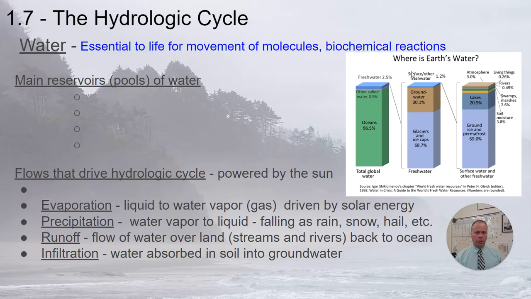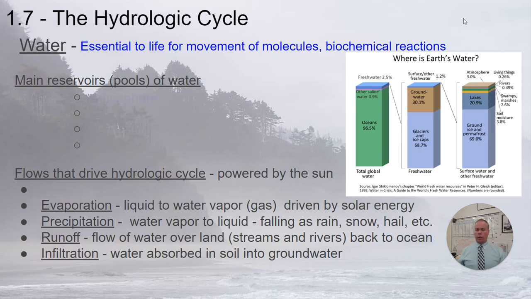If we then take that surface water, that 1% of fresh water, and look at the breakdown of that, most of it is in the ground, frozen in what we call permafrost, 20% in lakes, and then smaller amounts in various other reservoirs of that fresh water.